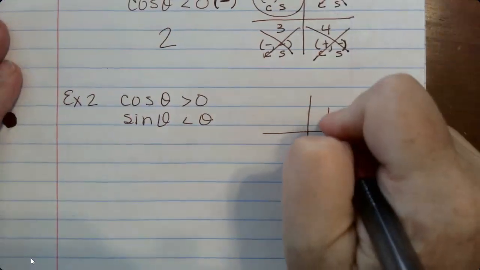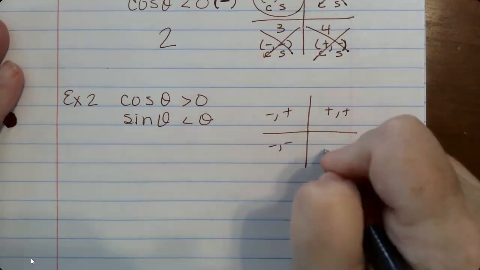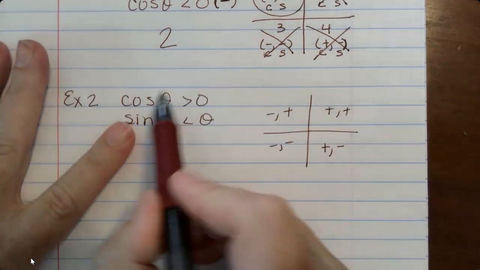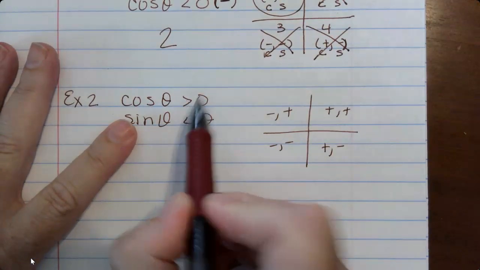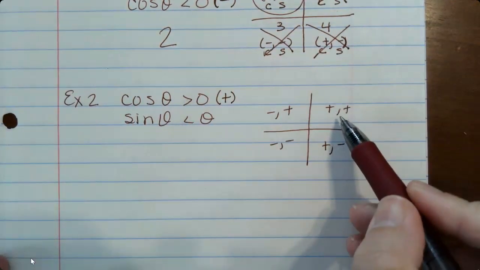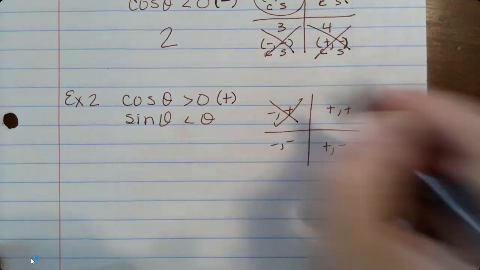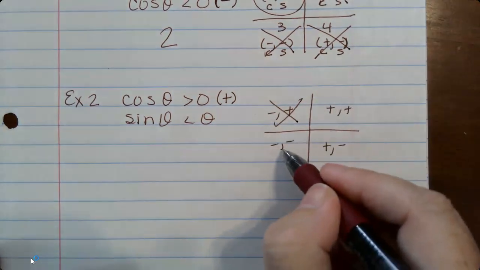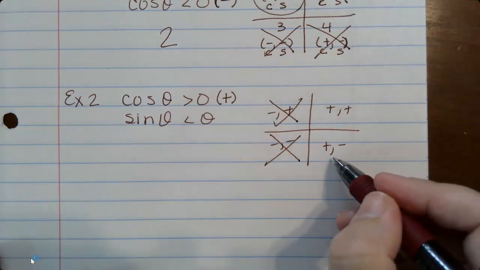Okay, plus, plus, minus, minus, and plus, minus. Okay, so cosine this time is going to be greater than 0. So we want cosine positive. So quadrant 1, yes. Quadrant 2, no. Quadrant 3, no. Quadrant 4, yes.